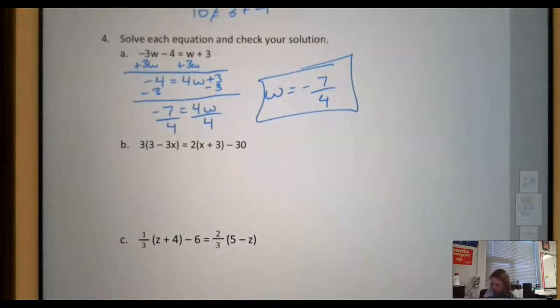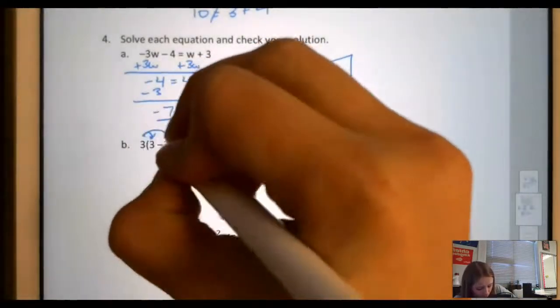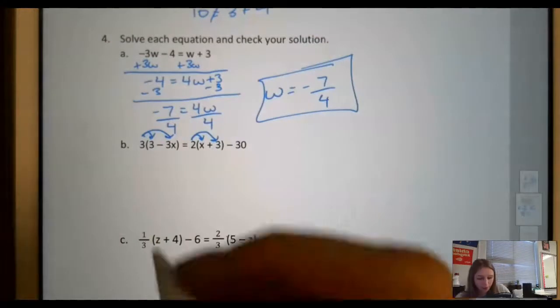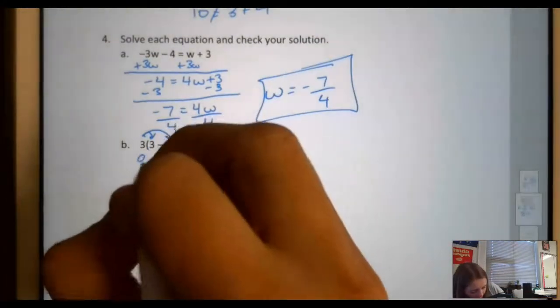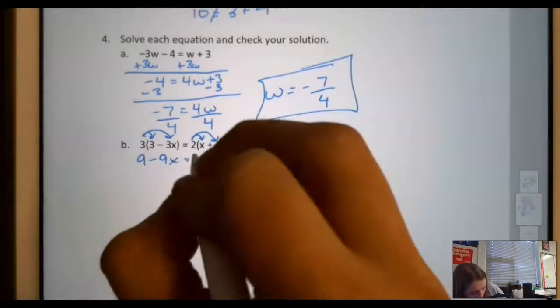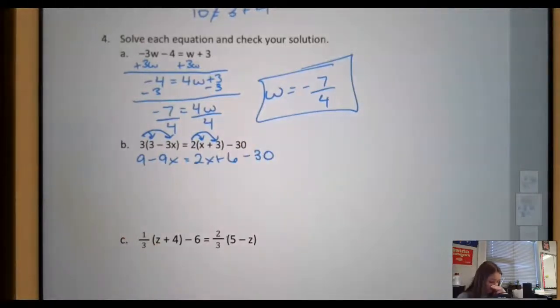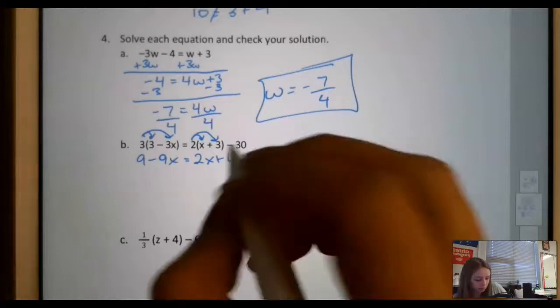Alright, now on the bottom here, we're going to distribute because we see parentheses, and that's the first thing we need to do. So now we have 9 minus 9x equals 2x plus 6 minus 30. Alright, now we need to check to see can we combine any like terms.